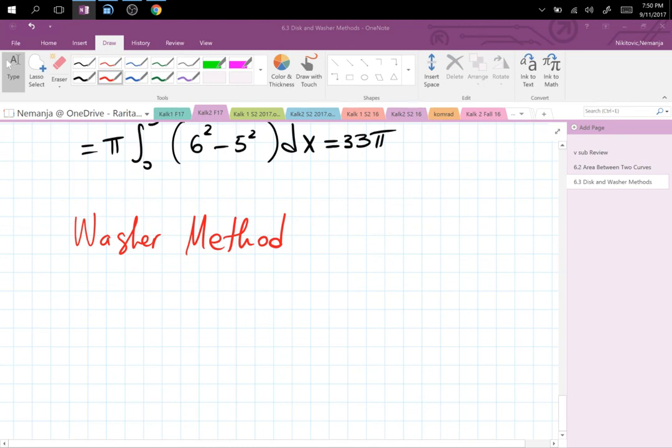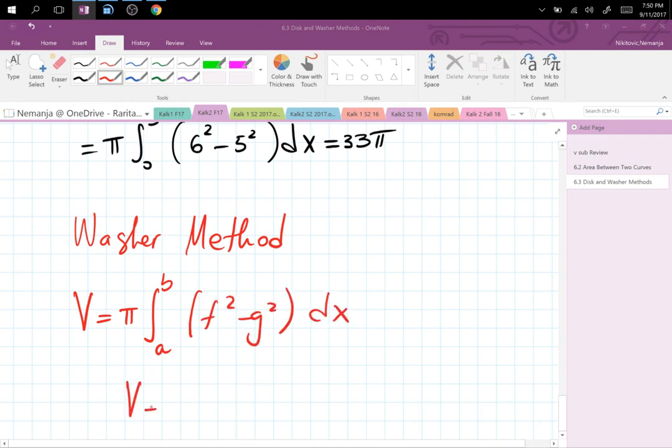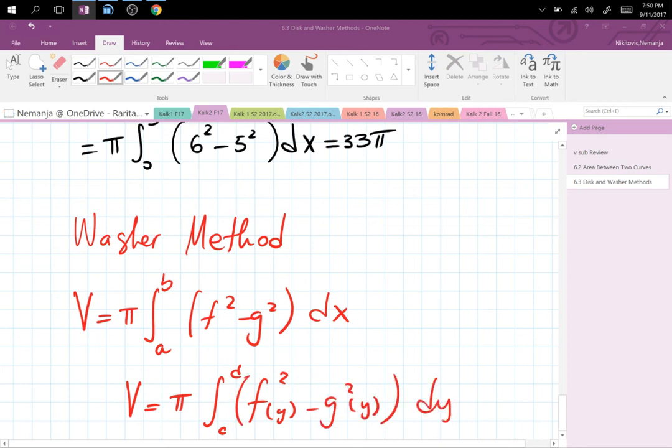And the formulas are, volume is pi integral a to b of f squared minus g squared dx, or c to d of f squared of y minus g squared of y dy.